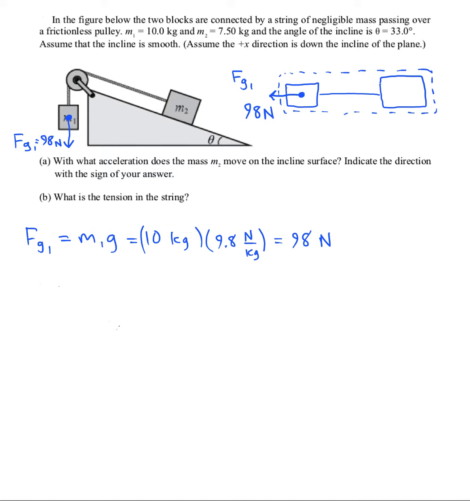Alright, now there's going to be a tension force applied to M1 as well. So this system is not necessarily in equilibrium, so we can't just assume that Ft equals Fg. What I'm going to want to find next is the force of gravity on M2. M2 is a smaller mass, 7.5 kilograms.